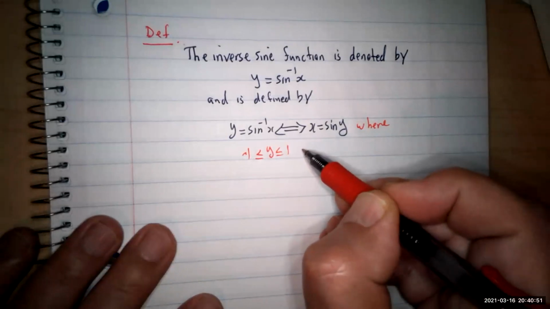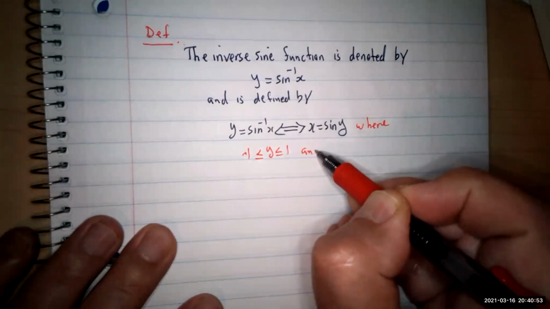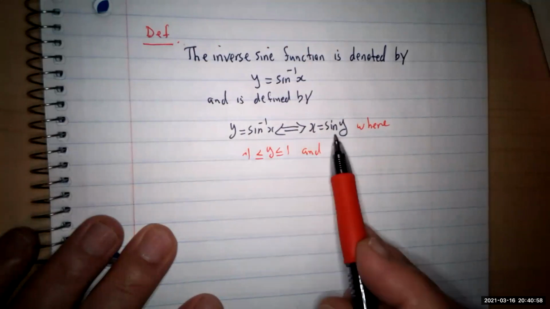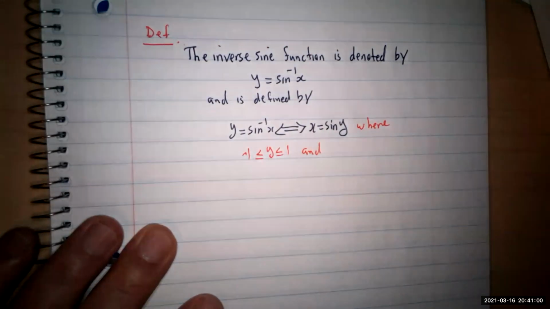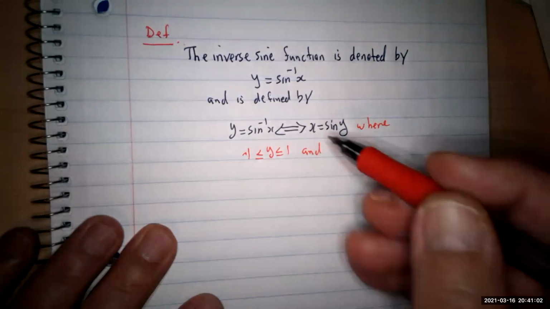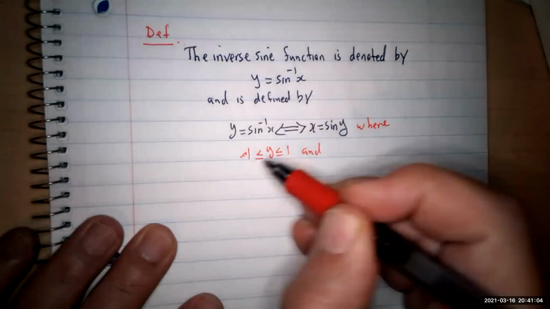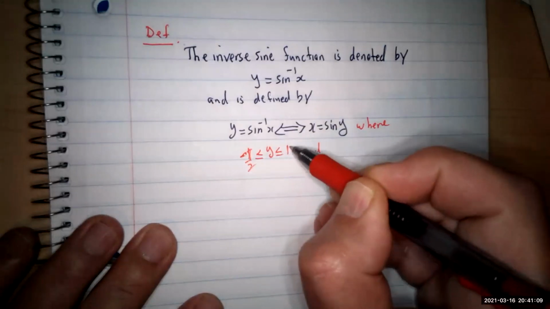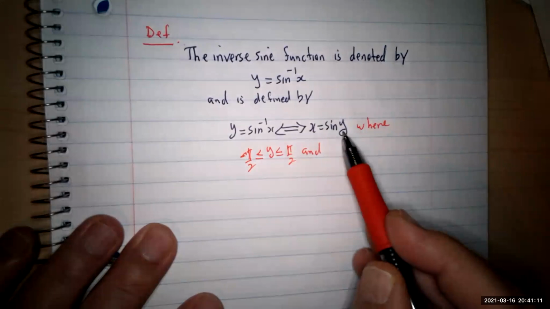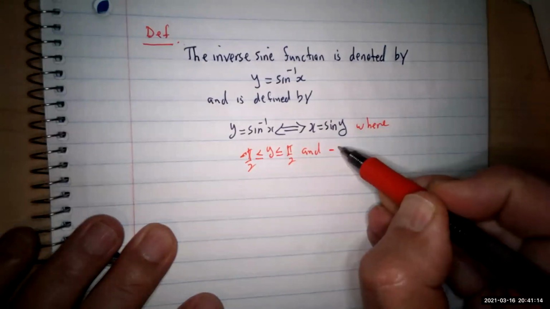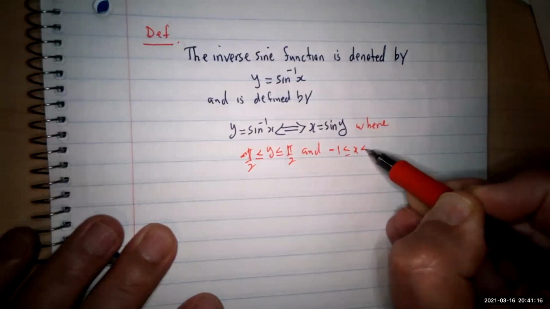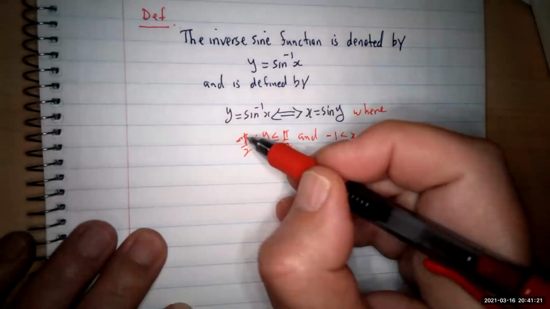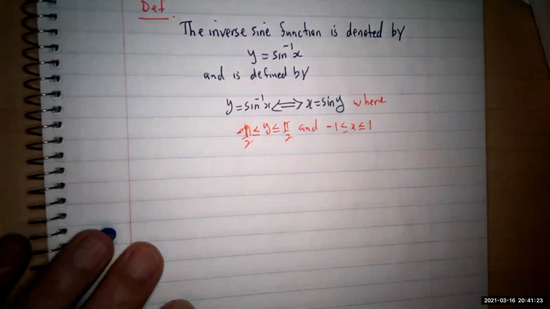So x equals sine y, where y is the angle between negative pi half and pi half, and x is between -1 and 1. Anytime you write it down, this is pi half. Okay?